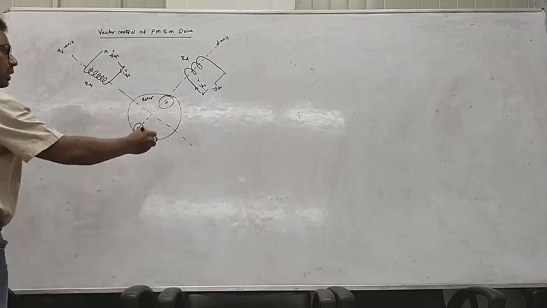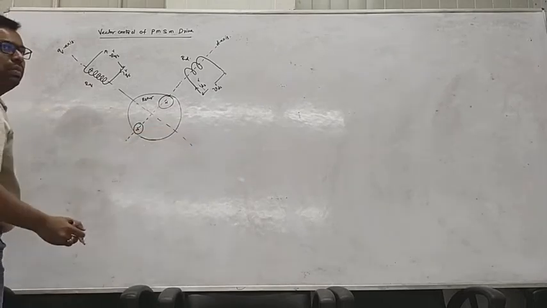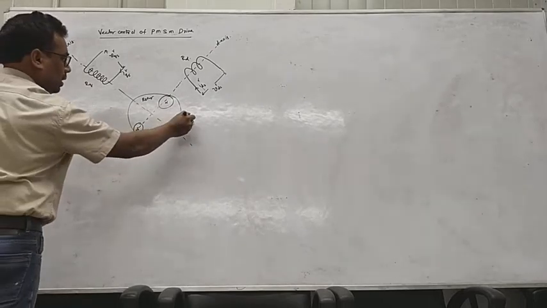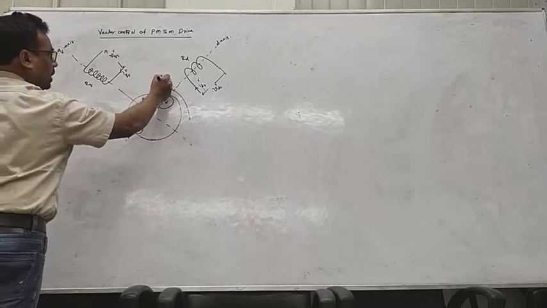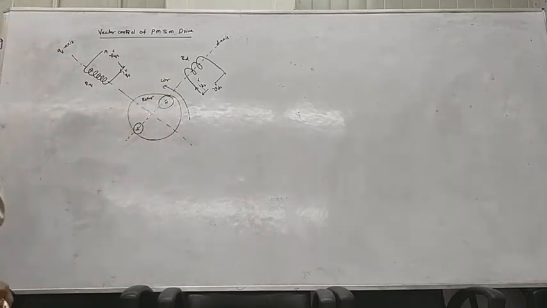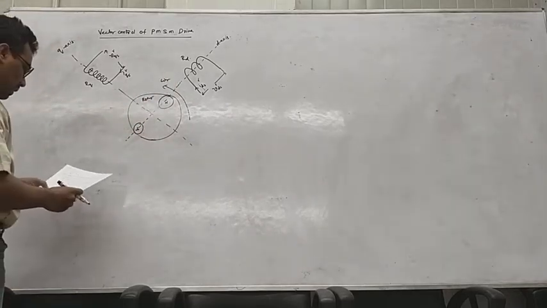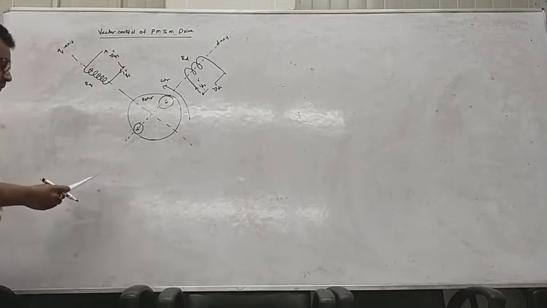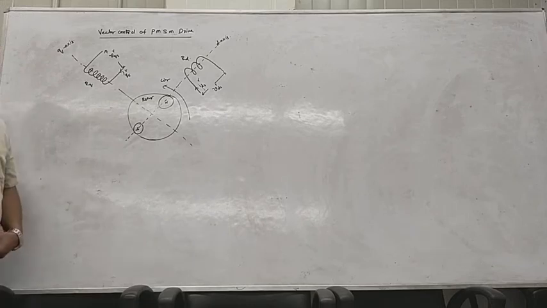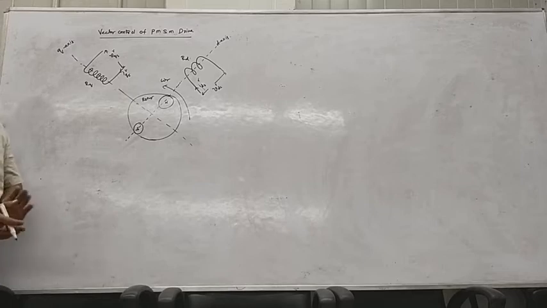Let us assume that your permanent magnet synchronous motor is rotating in an anti-clockwise direction with a speed of omega r. As you know, the permanent magnet synchronous motor has a wound stator structure, and there is no damper circuit, so the damper circuit is absent here.